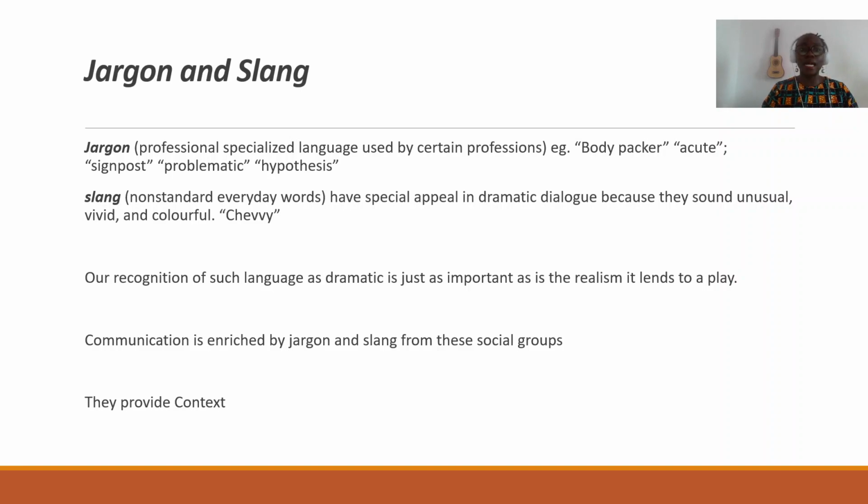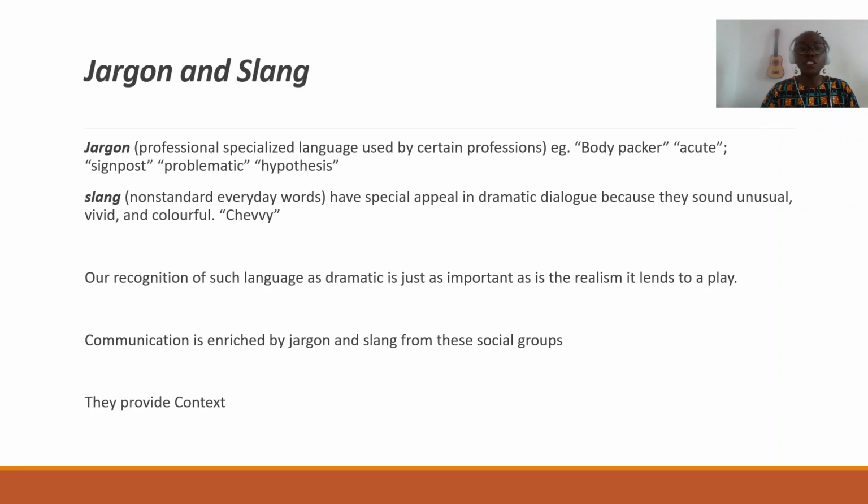Hypothesis is guesswork, but it is more informed than just guessing. You do some preliminary work and then you guess based on your findings. And so when I say I hypothesize, it means I know what I'm talking about. It puts me within a certain space.